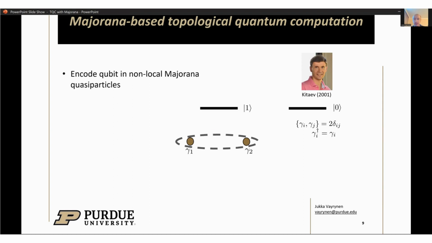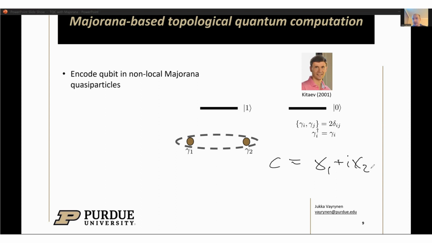So this means that if you have a pair of Majoranas, the Hilbert space will be two-dimensional. So there will be two states, 0 and 1, and these numbers correspond to the occupation number of the fermion that is in this state. And if you want to be explicit, you can write the fermion operator as something like gamma 1 plus i gamma 2.